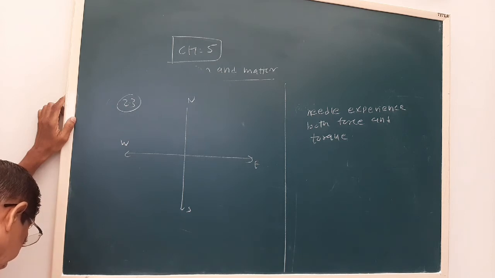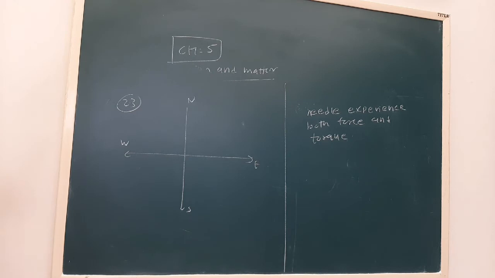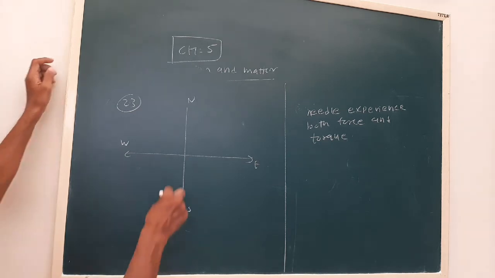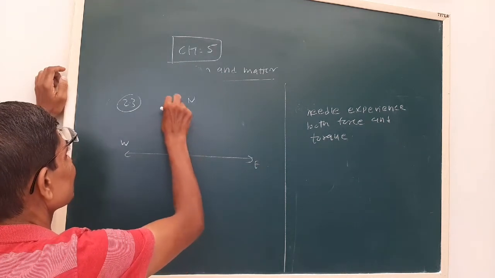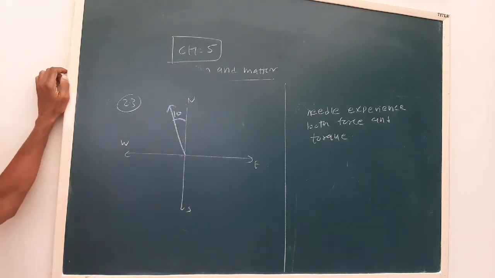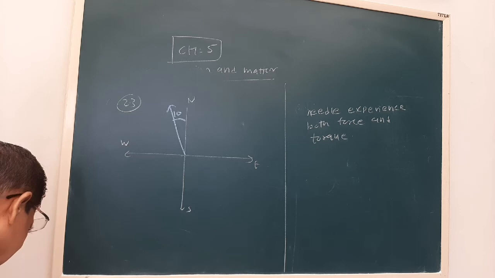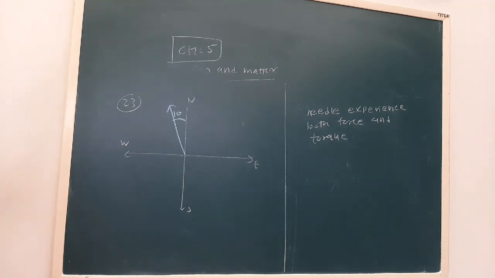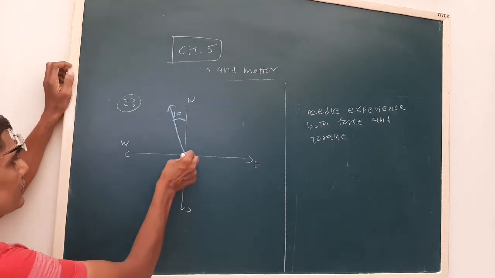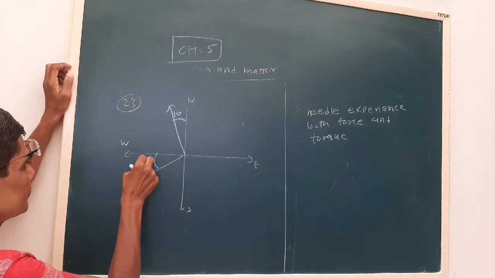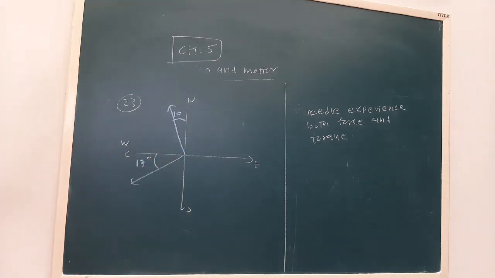The magnetic declination is 10 degrees west from the north. Okay, that is the magnetic declination. See, the steamer needs to move 17 degrees south with the west. Now, with what direction does it have to move?